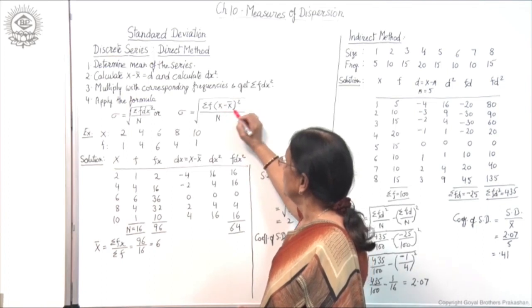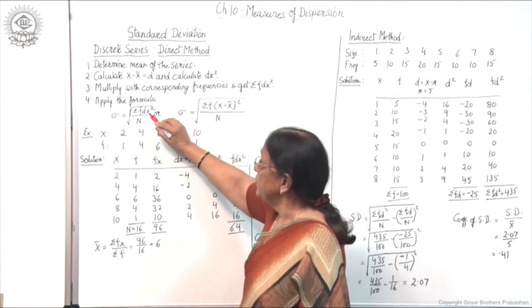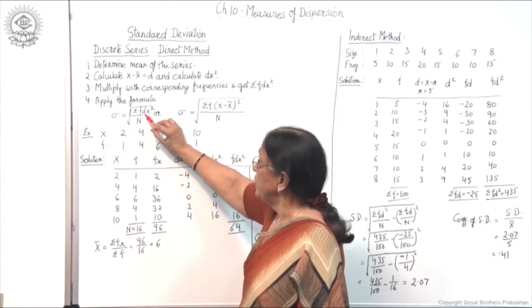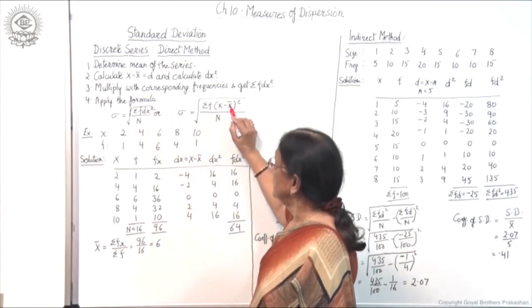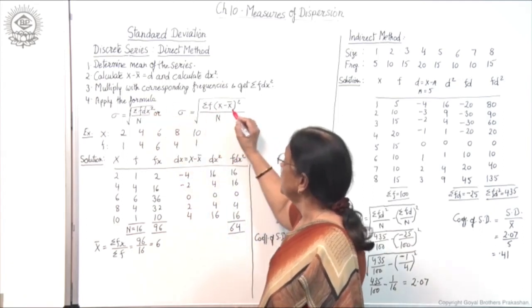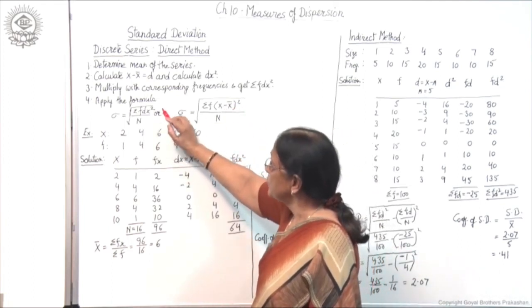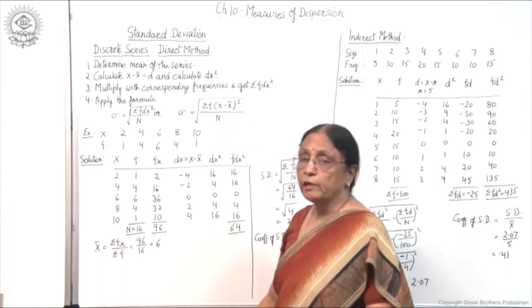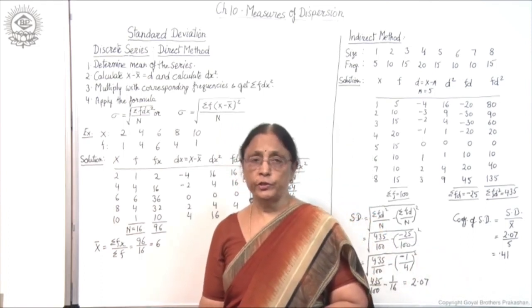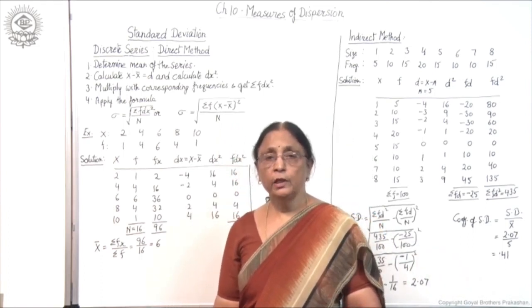So, square of it, that is sigma dx square. Sigma f is here, another form dx you are explaining as x minus x bar. So, sigma f dx square upon n, that will give you standard deviation, right.